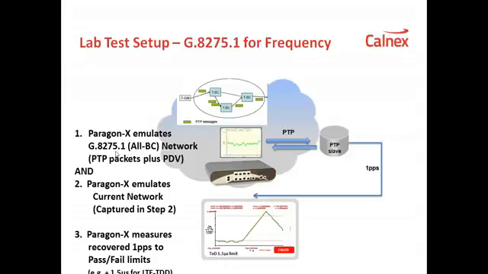It can emulate an 8275.1, which means an all-boundary clock network, and you measure the 1 PPS output to measure the phase accuracy. Again, you can also emulate your current network, because we've captured this in step 2. So we emulate the ITU-T network, and we emulate your current network, and we check the performance of the slave. And that's what we do during lab tests for frequency and phase.